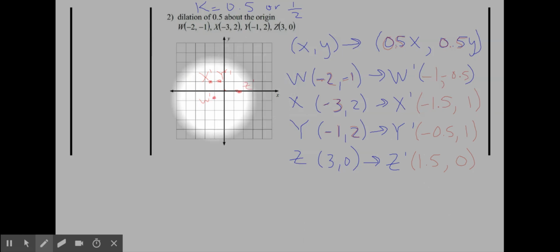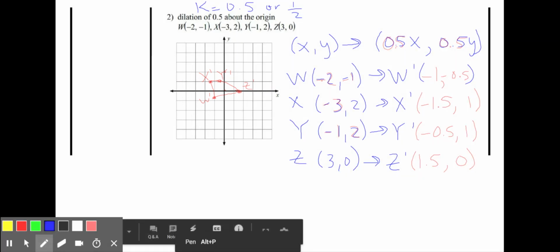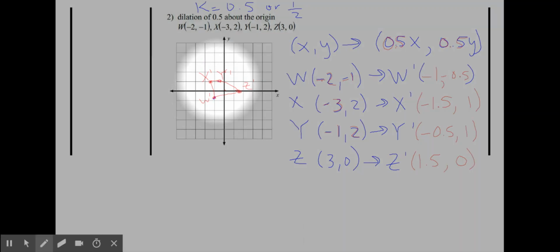All right, and if I connect those together, which will look better on your papers, we'll see we have our image. Now, I waited to graph my pre-image so that you could see how the graphing of half units would be.